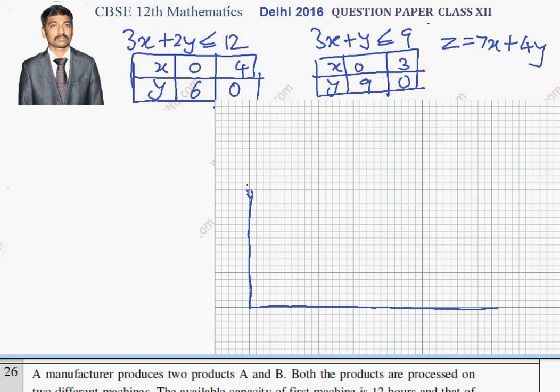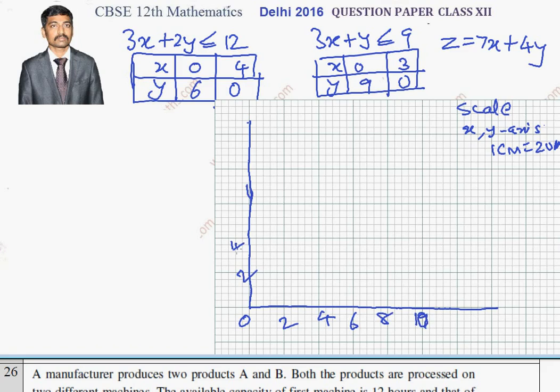Since my graph is small, I'll go for 2 units. So in the scale, I have to write x-axis and y-axis: 1 centimeter is equal to 2 units. So this is 0, 2, 4, 6, 8, 10.